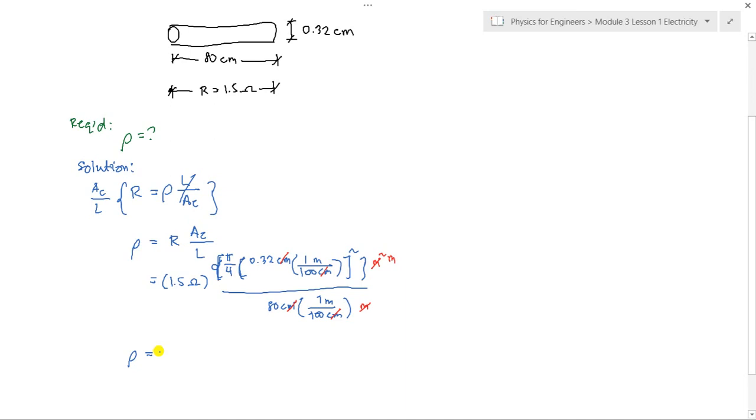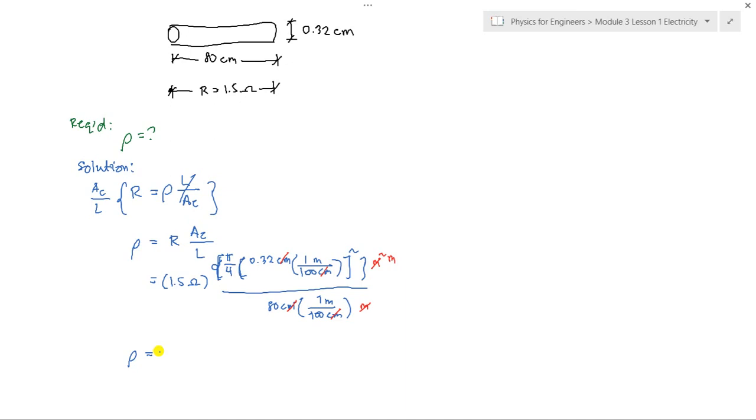Resistivity is therefore equivalent to 1.5 multiplied by pi over 4 times 0.32 divided by 100 squared, all over 80 over 100.